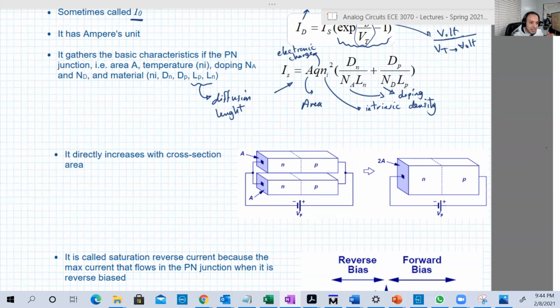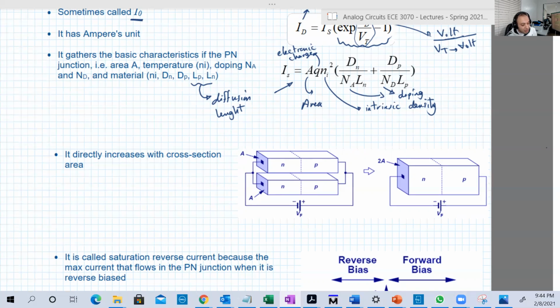And a good model here is that if you have two P-N junctions, two diodes that are connected in parallel, you can model them as one diode, one P-N junction with double the area, if they are matched. I mean, if they have the same area, same doping, same temperature, of course, because it's the same circuit, everything is the same.